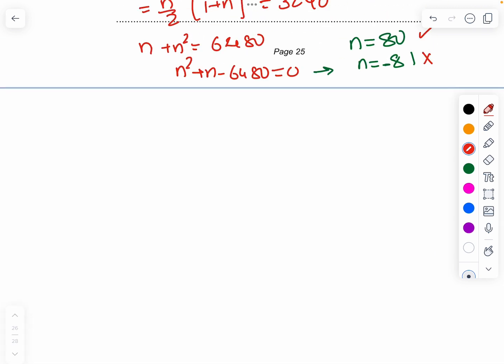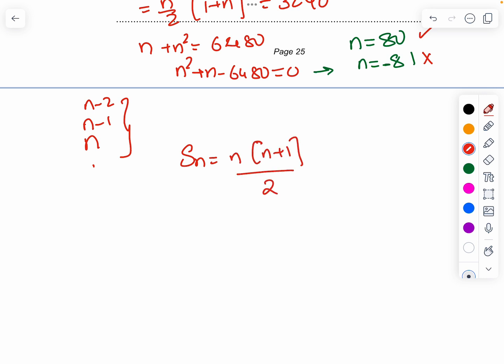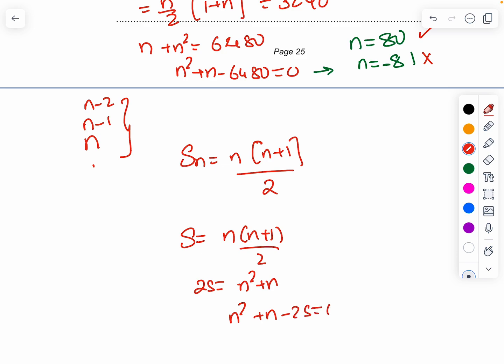In the bottom row there are n, and in the next row it is going to be n minus 1, n minus 2, and so on. There is a formula for Sn if it is decreasing or increasing by one number. So n times (n plus 1) by 2. This should equal S. So S equals n times (n plus 1) by 2. So 2s equals n square plus n. So n square plus n minus 2s equals 0.